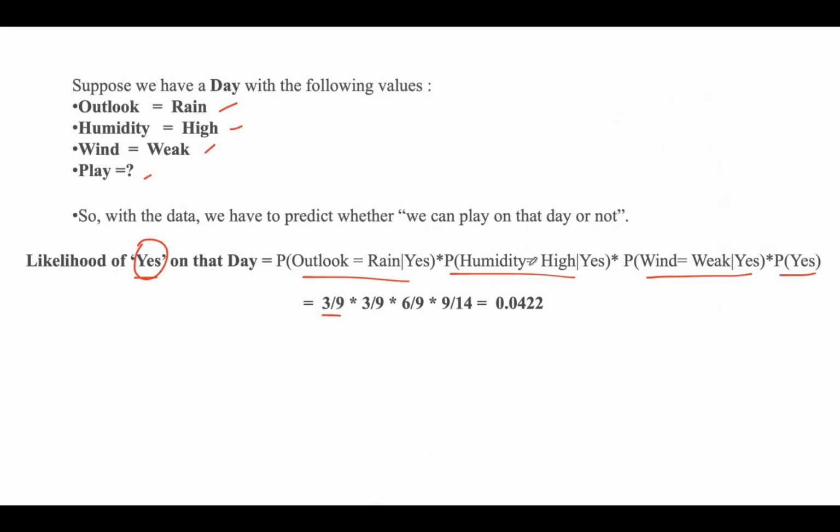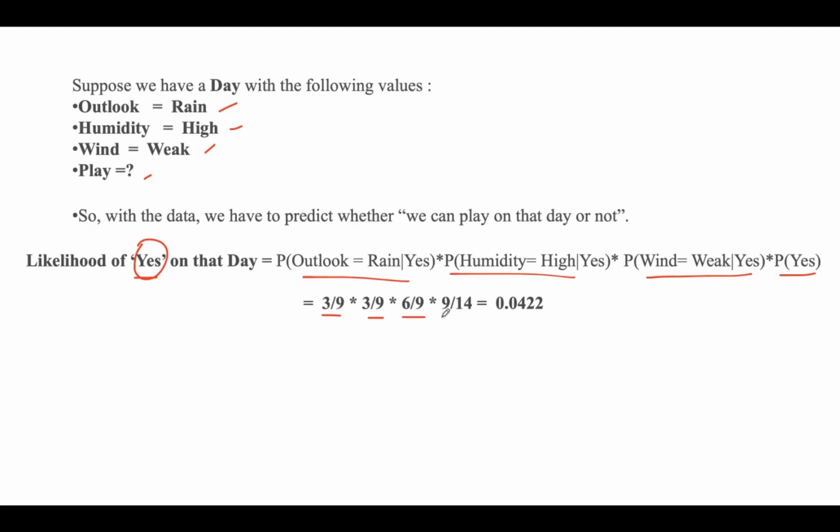Similarly, probability of humidity equal to high given yes is 3 by 9. Probability of wind equal to weak given yes is 6 by 9. And probability of yes: out of 14 observations, we got 9.